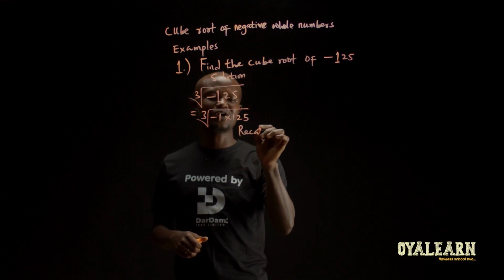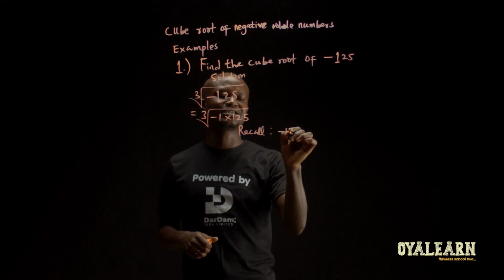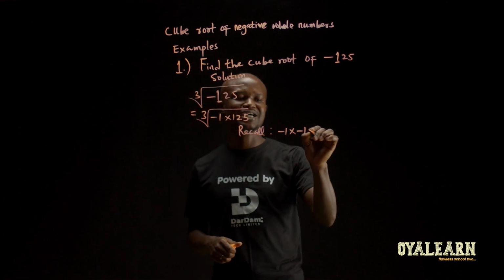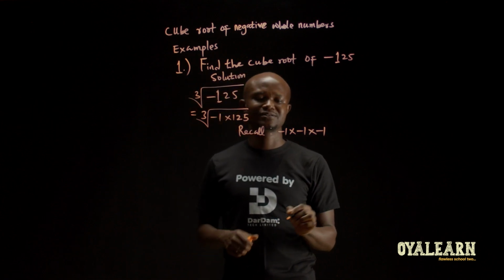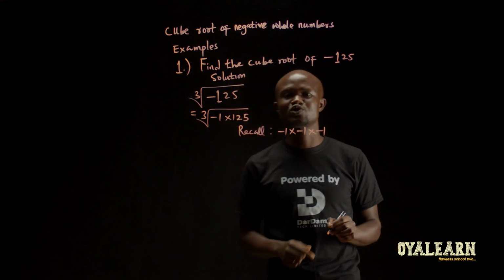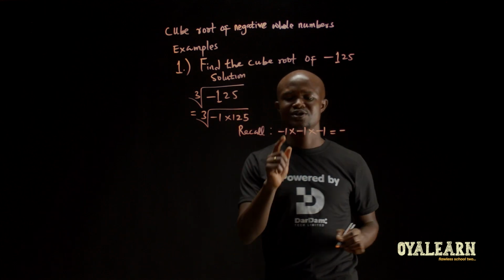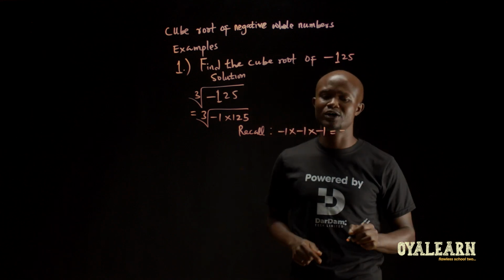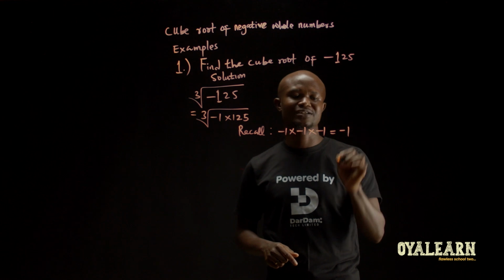And you should recall that when you have minus 1 times minus 1, also times minus 1, minus times minus will give you plus, and plus times minus will also give us minus. 1 times 1 will give us 1, times 1, you have 1.